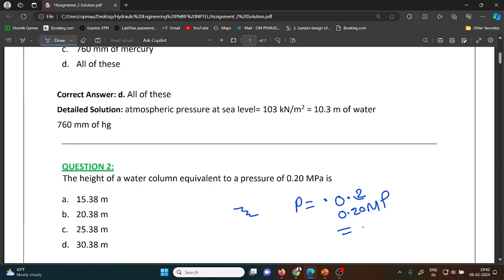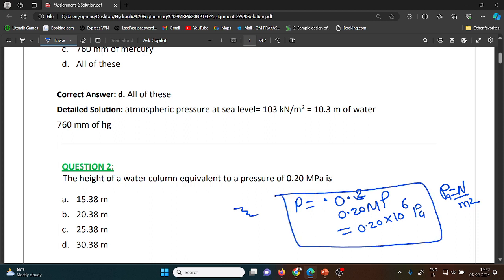So megapascal is nothing but 0.20 into 10 to the power 6 Pascal. Pascal is nothing but Newton per meter square. So this is the whole conversion.